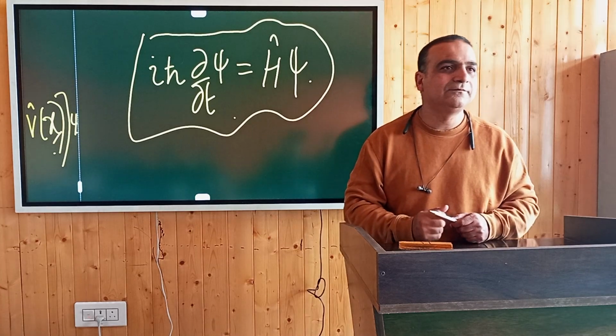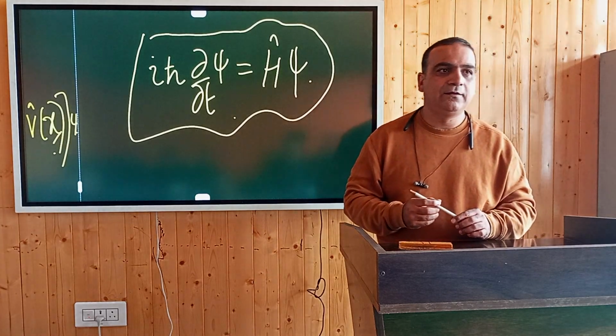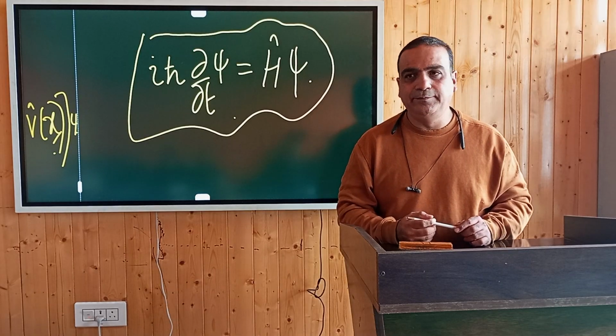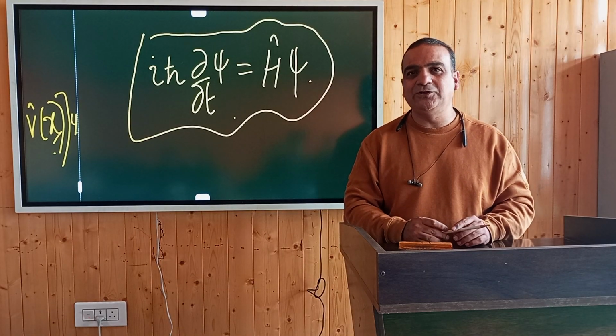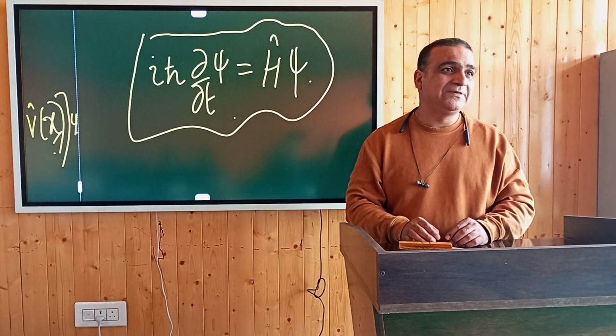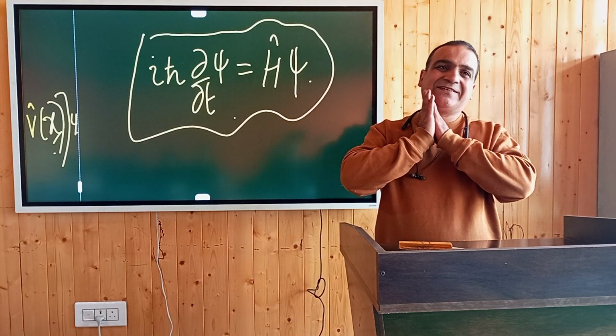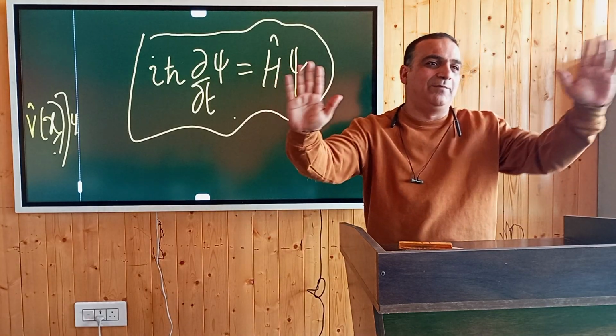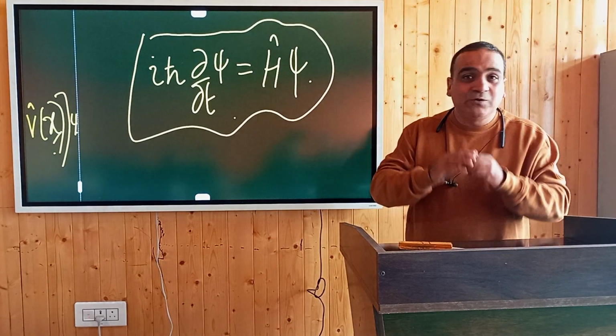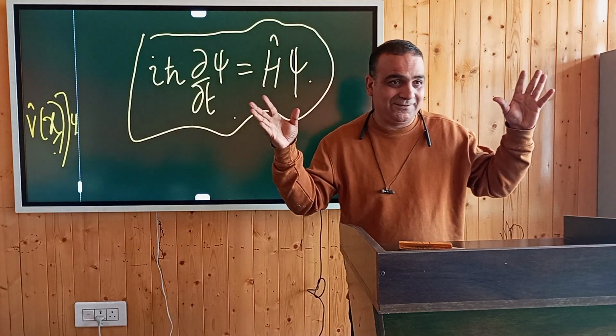Yeah. Why is psi a complex number? Why can we take it as complex? Because you are claiming that it carries all information about the system, and your system is complex.